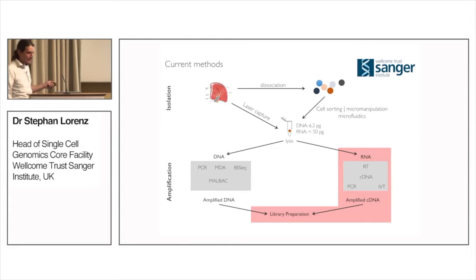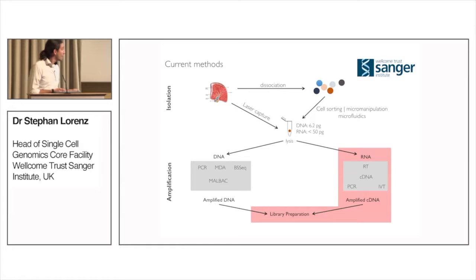It's called GNT-seq, which actually allows you to do both things on the same cell by separating DNA and RNA. But the things I'm going to talk about here still apply to this method, as this is a physical separation of material.